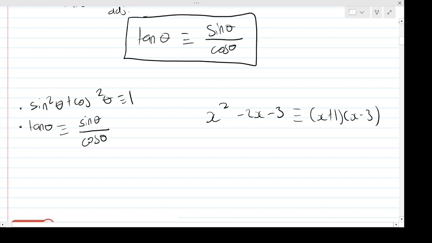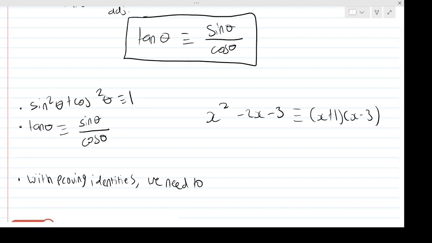What we need to do, with proving identities, and we will be doing that in this section, so that's why it's relevant, is show that one side is the same as the other.